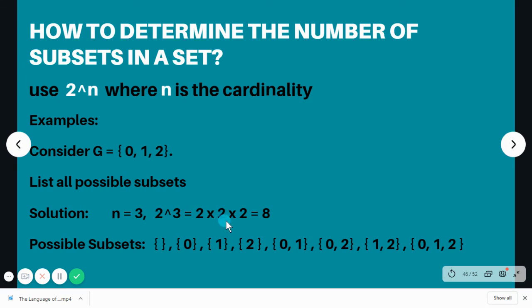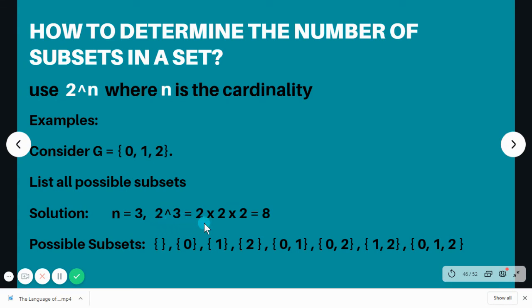So, 2 times 2 times 2, the answer is 8. Okay, baka mamaya ang gawin nyo class, 2 raised to 3, pag ipag-multiply nyo yung dalawa, 2 times 3, ang sagot nyo 6. That is wrong. Ang ibig sabihin ng 2 raised to 3 ay tatlong beses nyong imumultiply yung 2 sa kanyang sarili.